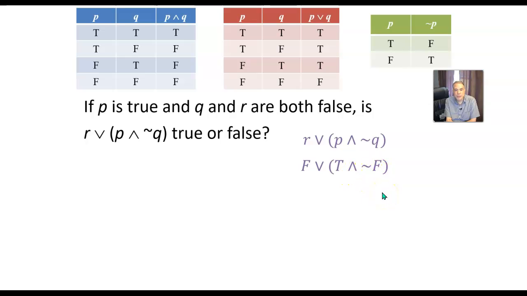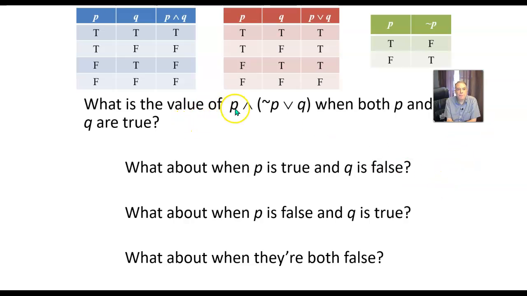So inside the parentheses, first of all, not false would be true. True and true would be true. And finally, false or true would be true. So the whole thing evaluates to true.